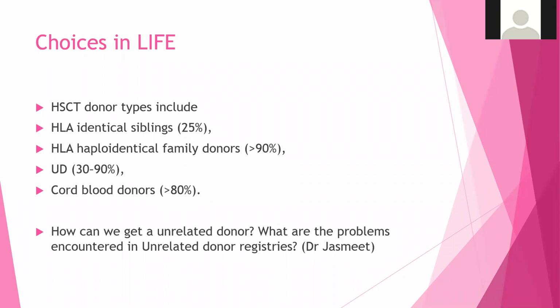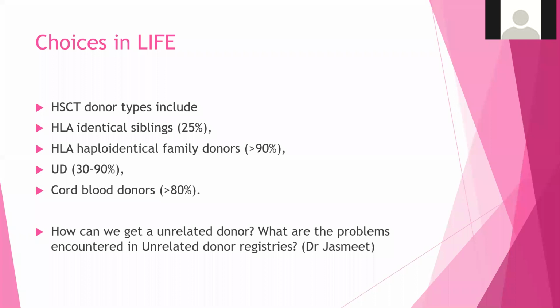But another big factor with the registries is that there isn't as good a representation of an Asian or an Indian population as compared to a Caucasian. So difficulties do occur as far as looking for a donor for an Indian patient in an American or a German or an Australian or a Japanese registry. Actually, Japanese hardly ever share registries.